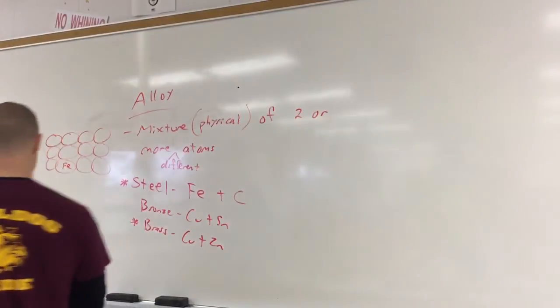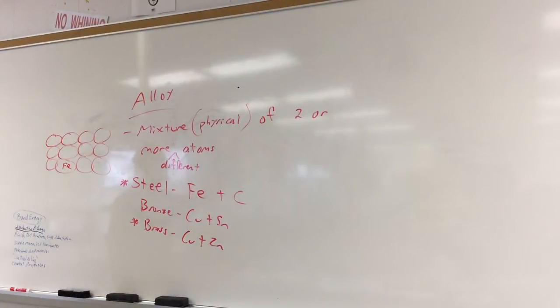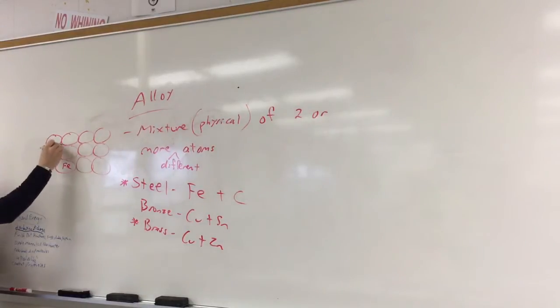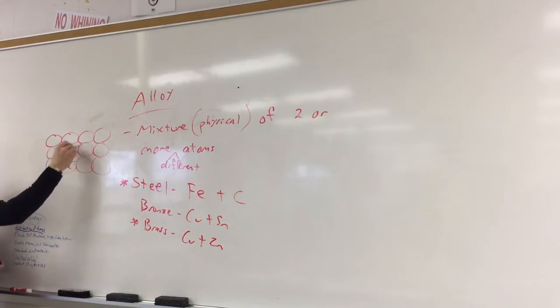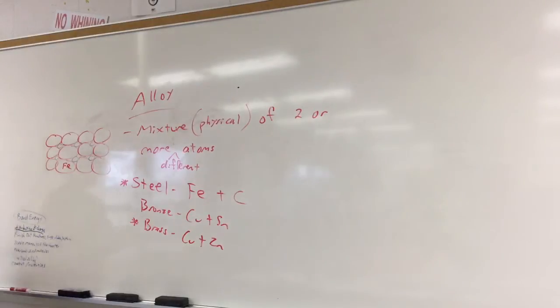All right, so if you look at iron, 26 protons, 26 electrons, and then carbon, 6 protons, 6 electrons. Carbon's really tiny, iron's pretty big. So carbon actually squeezes in these spaces, right? Imagine if we filled this whole floor with basketballs, all touching.